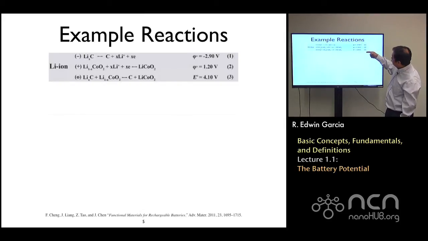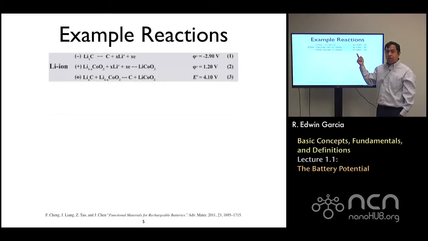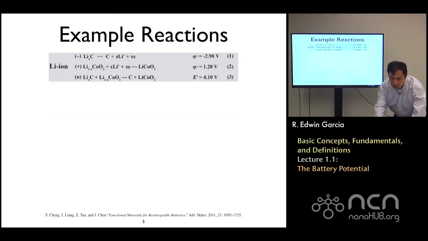So basically we would have to say 1.2 volts minus minus 2.9 volts, which is 1.2 plus 2.9, which adds up to 4.1 volts, which is typically the voltage that you would expect in that kind of battery. This type of battery is typically used for high energy density applications because of the amount of energy that you can use, while others, depending on what chemistry you use, will be used for high power density applications.